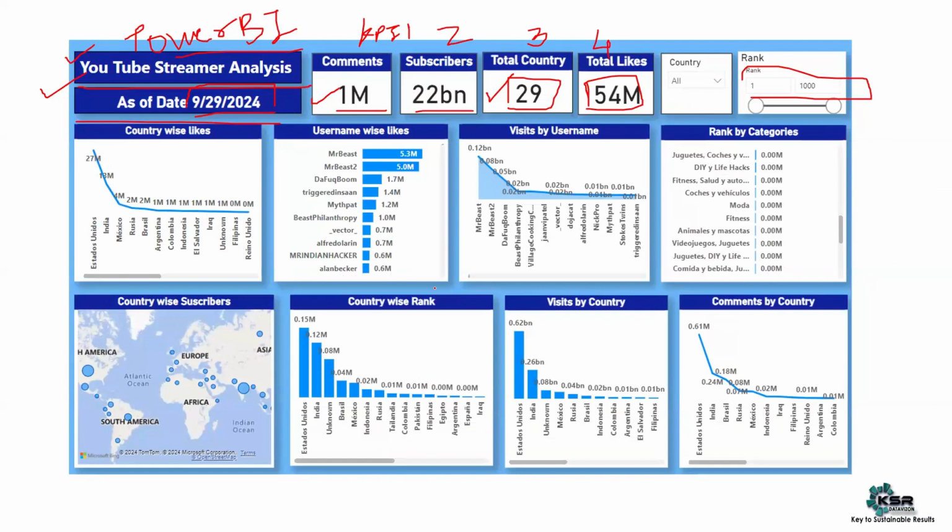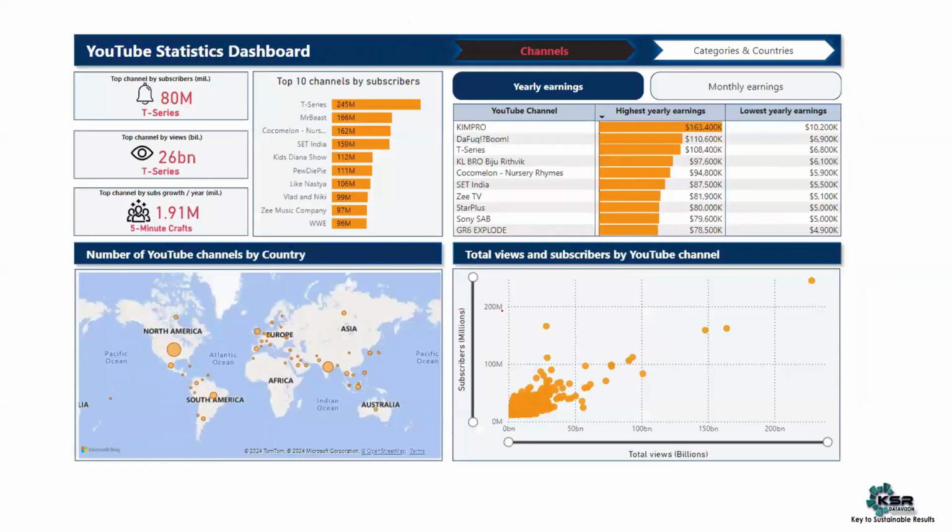Now, there are many other reports also. If you take a look at this report, this is YouTube statistics. This is also a different report. There are multiple other visuals used here. What is your YouTube channel? What is their highest earnings? What is their lowest earnings?